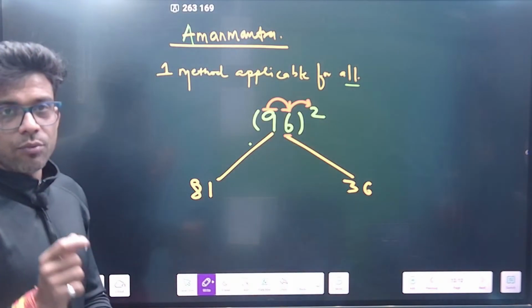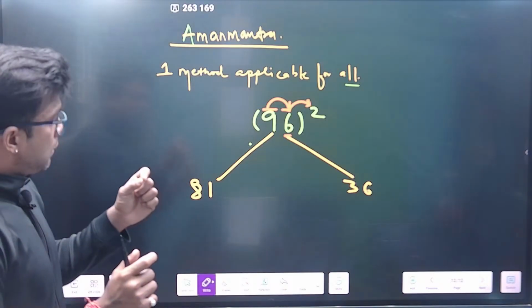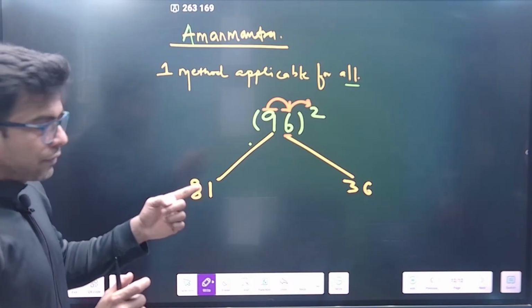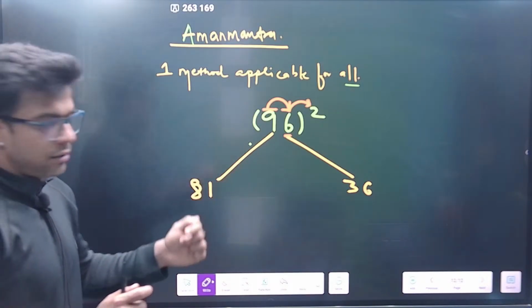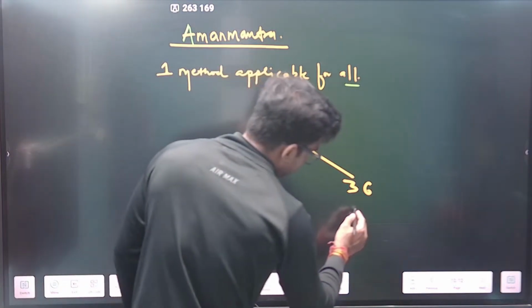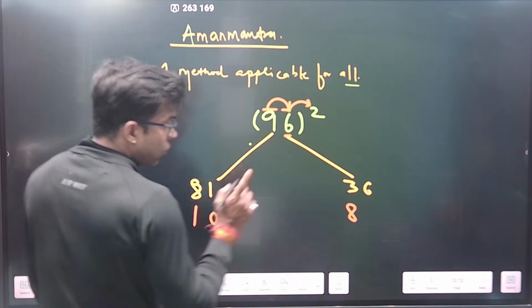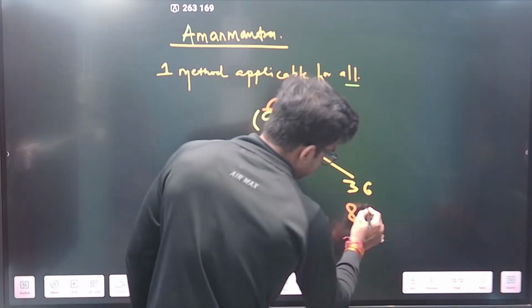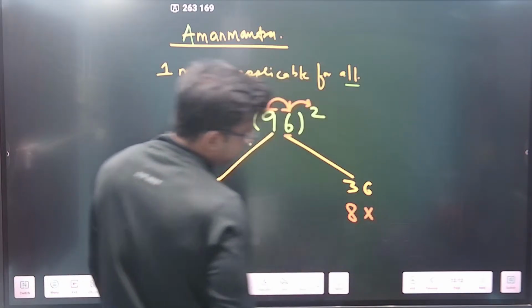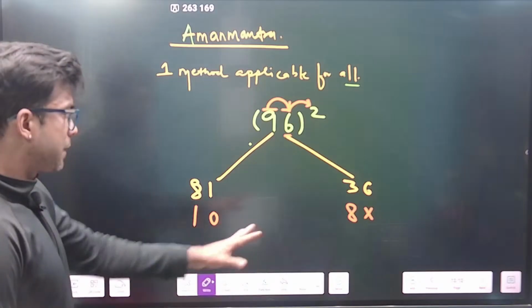So basically 9 6s are 54, 2s are 108. So write down 8 here, write down 0 here, write down 1 here. Always remember you need to leave this space empty.